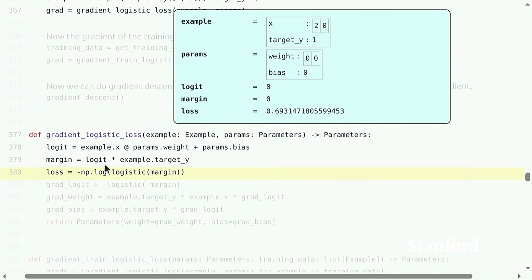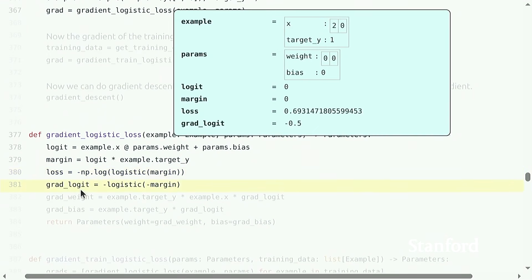First there is the derivative d loss d logit. This quantity tells us, if I change the logit by a little bit, how much does the loss change? And this happens to be minus logistic of minus the margin. Basically, you take this quantity and differentiate it with respect to the margin, and this is what you get.